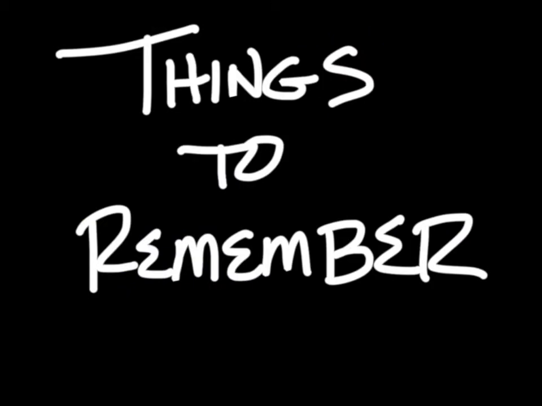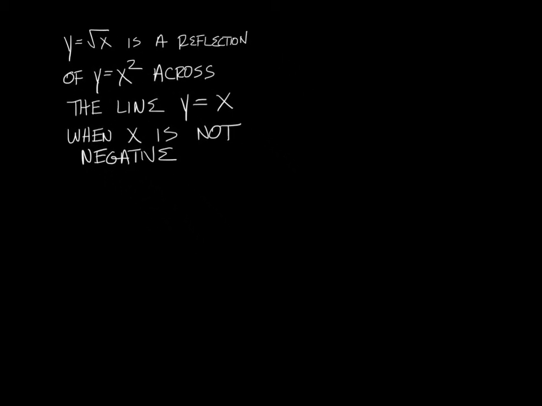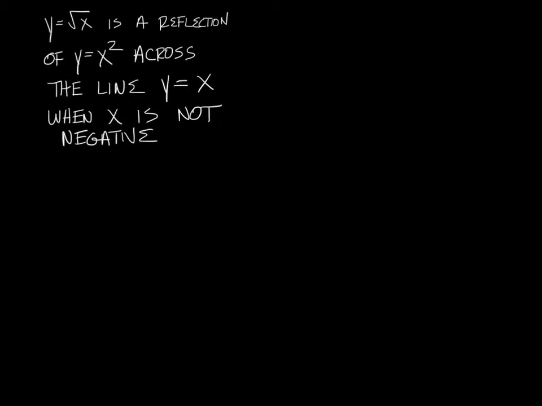Here are the things to remember from today. Y equals the square root of x is a reflection of y equals x squared across the line y equals x when x is not negative. And I'll shorten this up so that you can still see it, but I can still draw here.